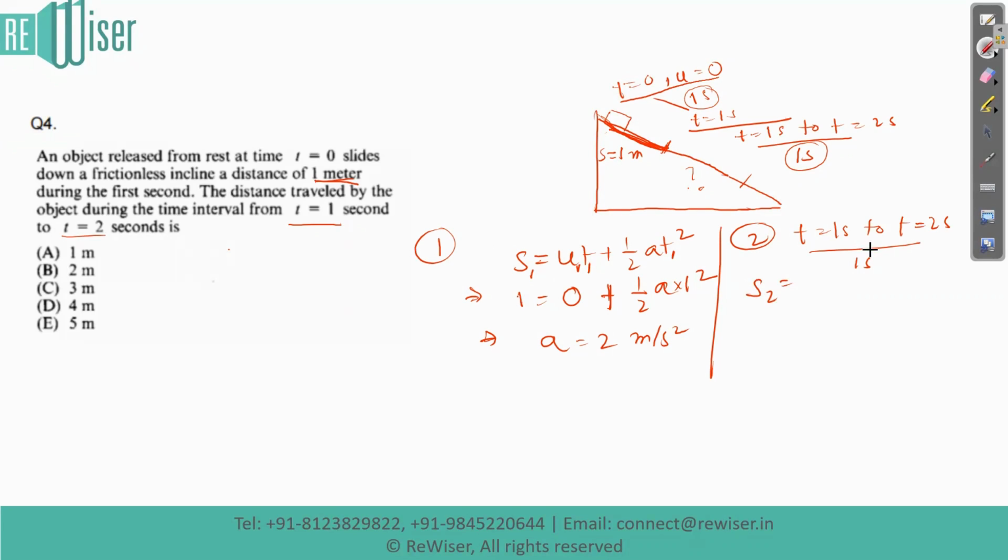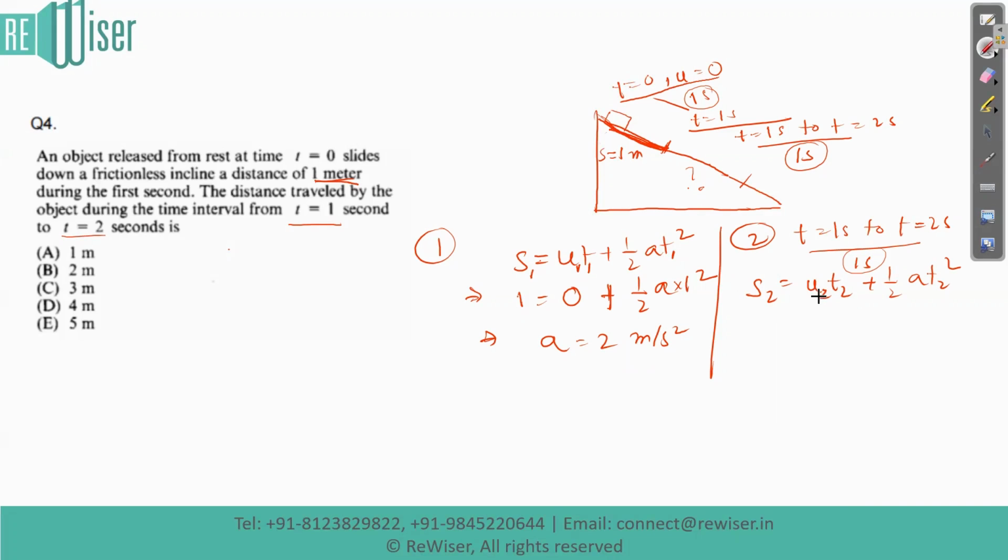S2 is the distance traveled in the next interval of time, that means t equal to 1 second to t equal to 2 seconds. So S2 equals U2 T2 plus half a T2 square. A will remain constant since we are assuming it is uniformly accelerating, as gravity is exerted on this body, right?